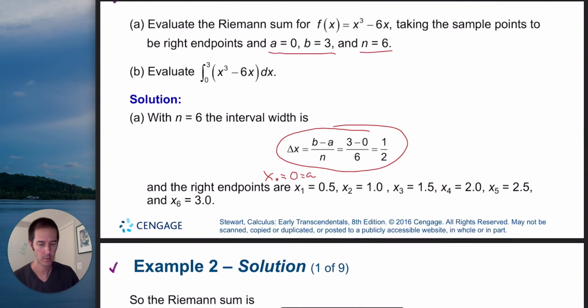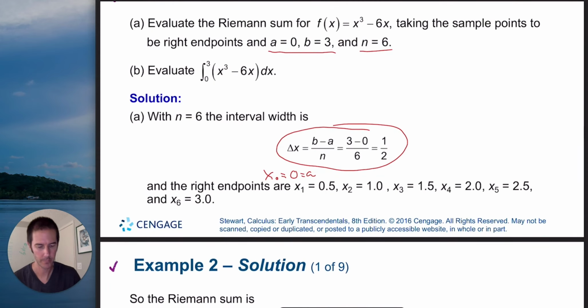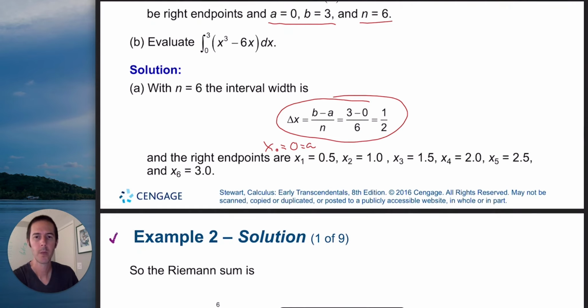Our interval is going from 0 to 3, so x sub 0 is our very first x coordinate, which is the a value, which just so happens to be 0 in this case. And then our right endpoints step forward by 1/2 over and over again, so x sub 1 is 0.5, x sub 2 is 1.0, and so on, all the way up to x sub 6, which is 3.0.